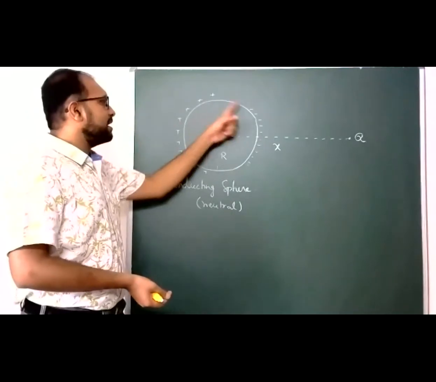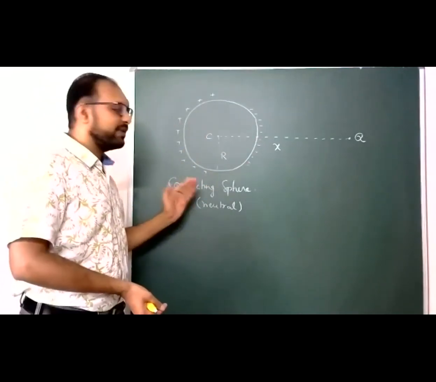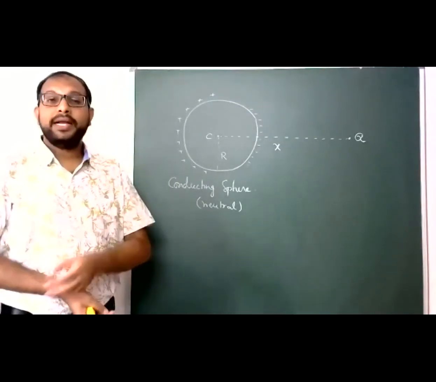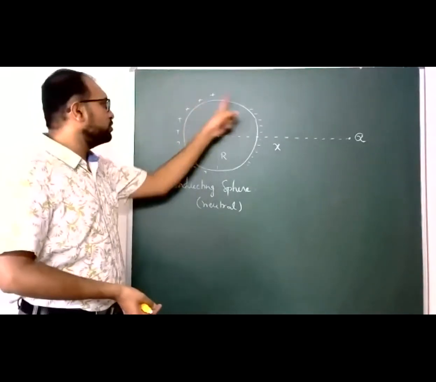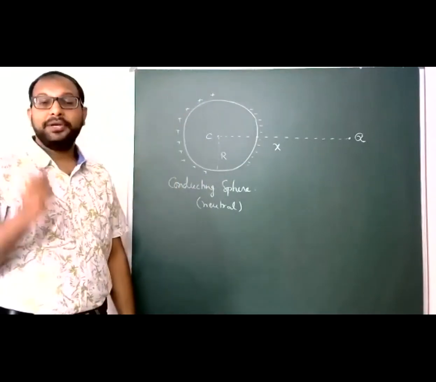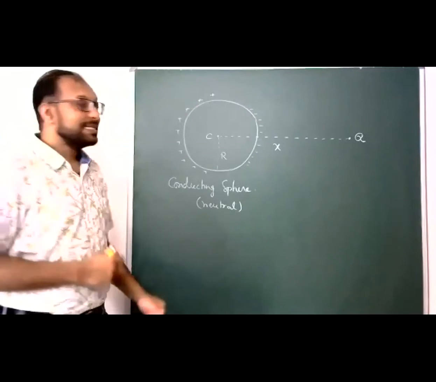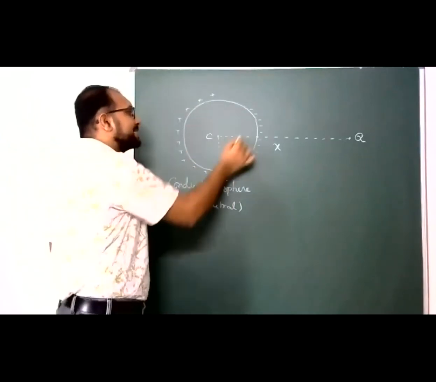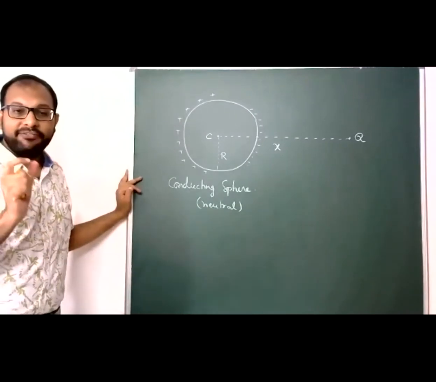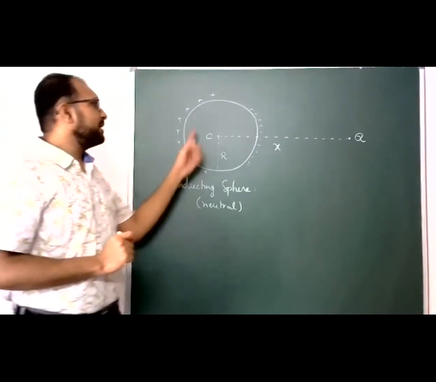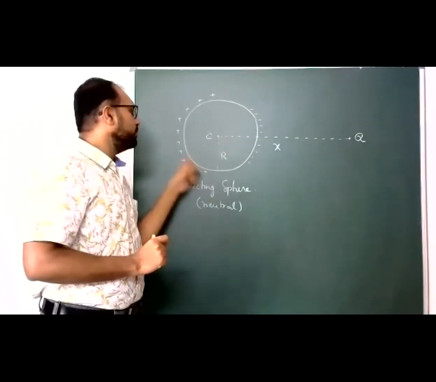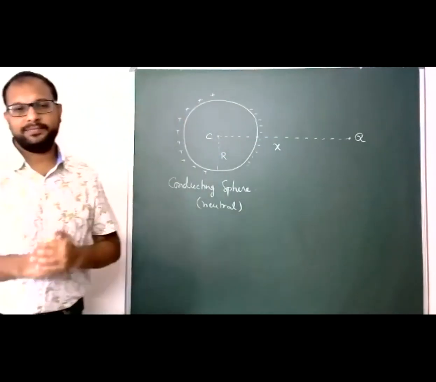Yes, this separation of charges on the surface of a conducting sphere is known as an induction. Due to this induced charges, one is minus, another is plus. Due to this, some electric field developed inside this sphere. Some electric field is being developed inside this sphere due to this induced charges.